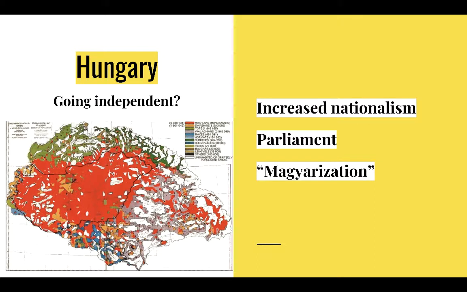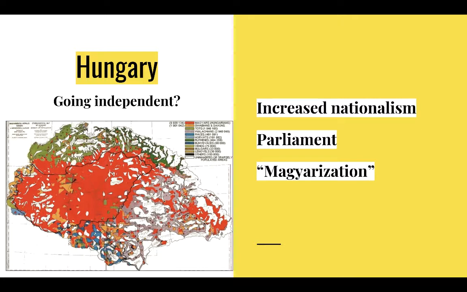Hungary, on the other hand, starts to talk about this concept of independence. They are becoming more and more nationalistic. They actually had their own functioning parliament. They did keep other ethnicities out in what is known as Magyarization. So what Hungary will focus on is that the Magyar language is the only language for schools, the military, and the government.